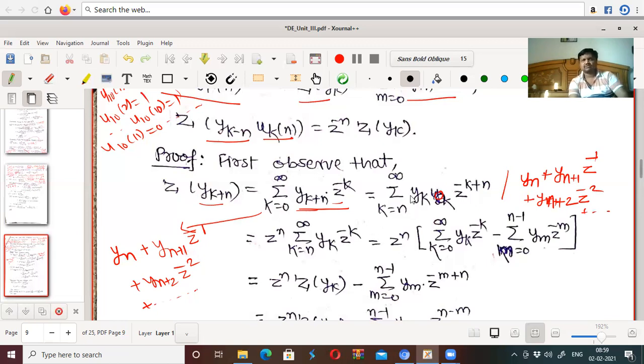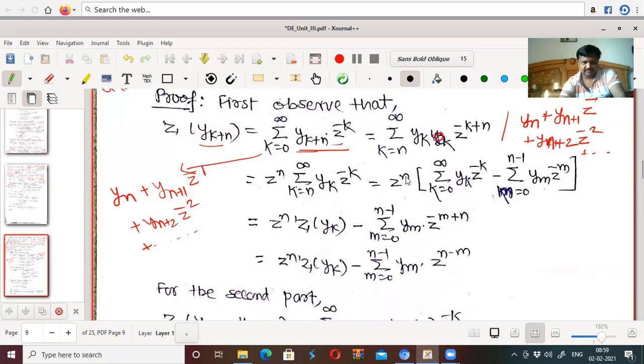Summation from k equal to n to infinity y(k) z to the power minus k plus n, which is equal to z to the power n into summation from k equal to n to infinity y(k) z to the power minus k.